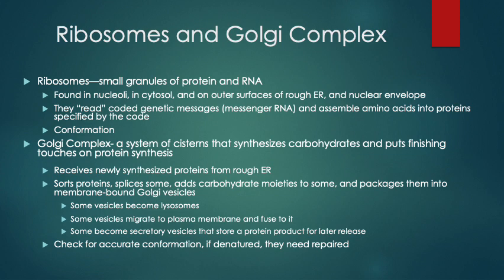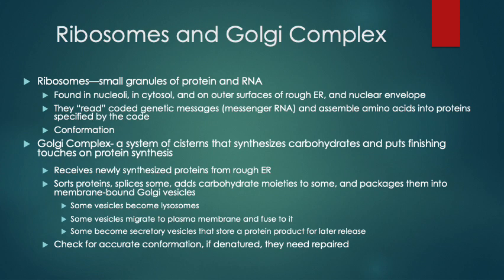So RNA translates the DNA code into a code that the ribosomes and the protein can understand. So the RNA translates the message that is coded in the genes and tells the ribosomes how to fold the proteins. So when the ribosomes are folding the proteins, if they're folded correctly, it's conformation. Remember, when proteins are folded right, it's conformation.